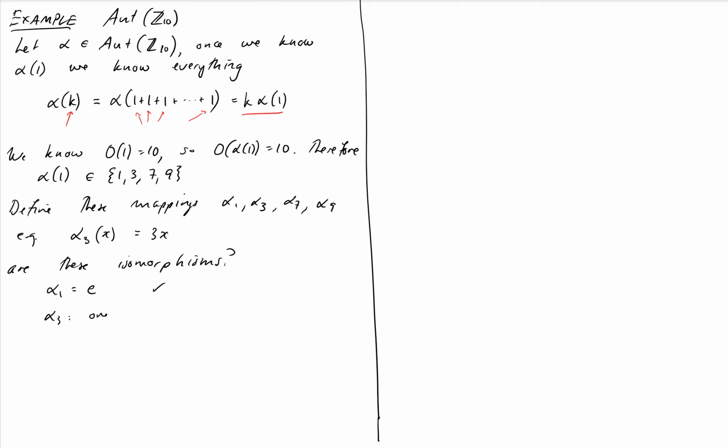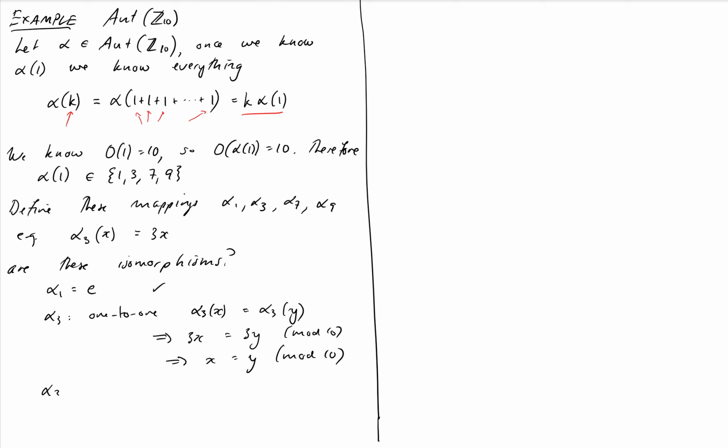If we do one-to-oneness, we'd have, if we took alpha 3 of x equals alpha 3 of y, this would mean 3x equals 3y mod 10, which would in turn imply that x is equal to y mod 10. So alpha 3 is definitely 1-to-1.